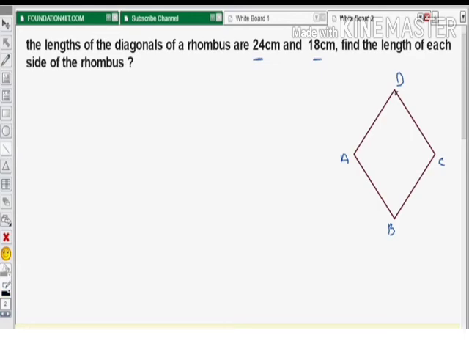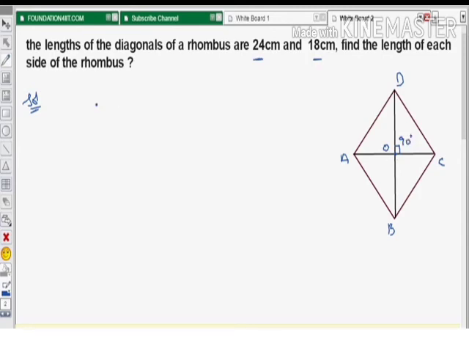The lengths of the diagonals are given: BD is 24 and AC is 18, and they intersect at O. The diagonals of a rhombus bisect each other at right angles. That means angle DOC is 90 degrees, and they also bisect.